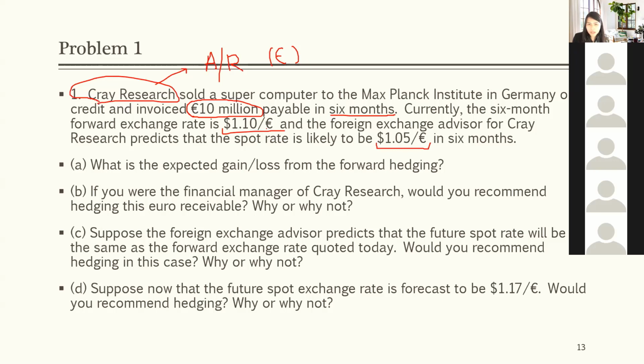So let's take, if you haven't already, let's summarize the information that we have in the question. So here, the account receivable is 10 million euros. The time is 6 months, right? So we expect to receive the money in 6 months. The forward rate is $1.1 per pound.